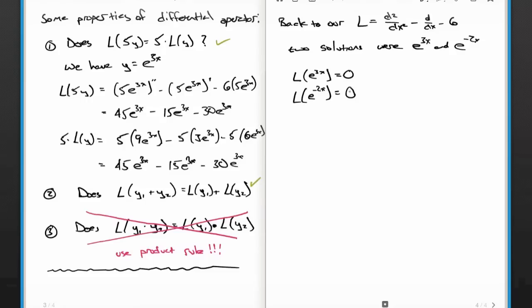It made our original equation work. We can use one of these properties of differential operators to say that L of e to the 3x plus e to the negative 2x also equals 0. This is called linear superposition.